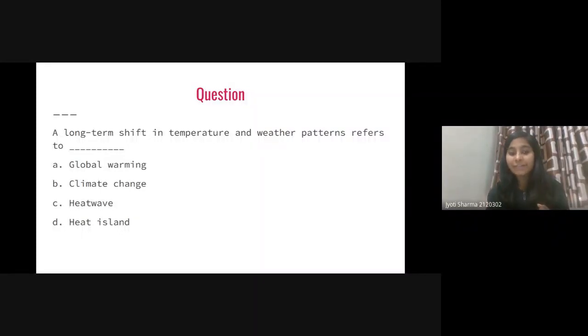Okay, so this is the definition, and the definition says a long-term shift in temperature and weather pattern refers to what? It is global warming or climate change or heat wave or heat island. When there is a long-term shift in temperature as well as in the weather pattern.